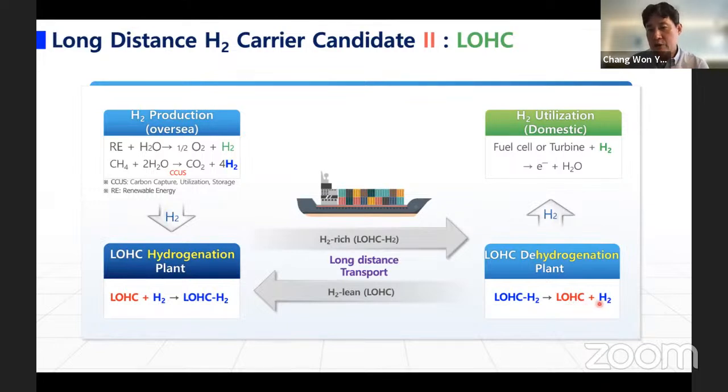The produced hydrogen is used in conjunction with fuel cells or a turbine to produce electricity. And the hydrogen-lean form of LOHC will be shipped back to the hydrogen production site to repeat this process and deliver this hydrogen, which means delivering renewable energy. Okay?